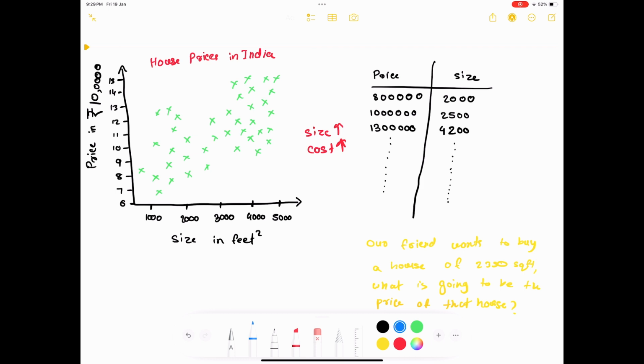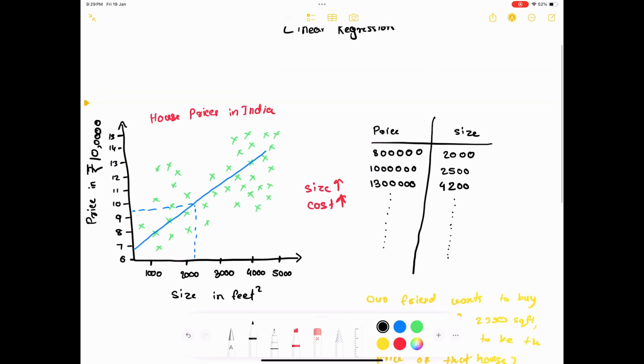So what we can do is fit maybe a line, something like this. This is probably 2,350, and we can estimate it will cost about 95 lakhs probably. So what we just did was create a linear regression model.